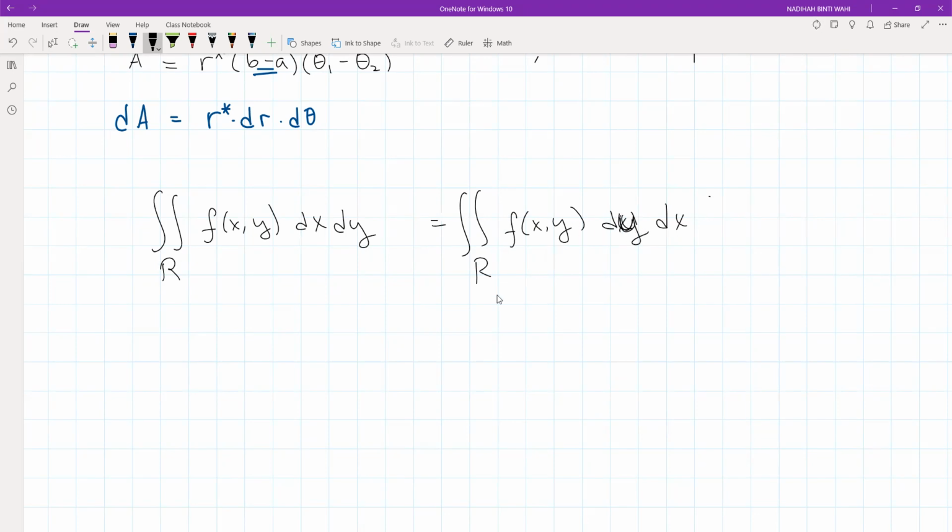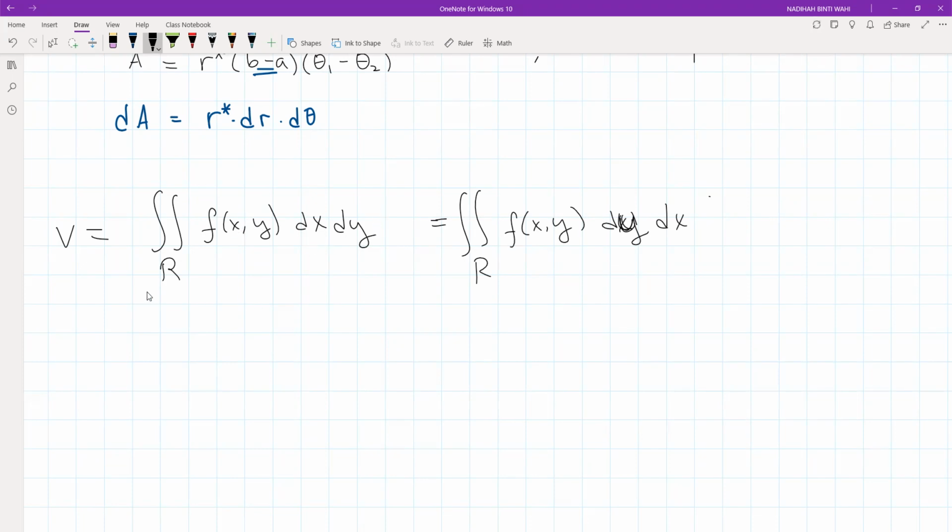Sebab dari mana-mana arah pun kalau awak ambil, this is the volume, it will be the same. Dia nilai volume saja, dia tidak menunjukkan arah apa-apa, any direction or something like that. So sepatutnya volume dia sama. Awak ambil iterated integral dx dulu ke dy dulu ke, tak kisah. Okay, tapi in this case untuk polar coordinate tak boleh.